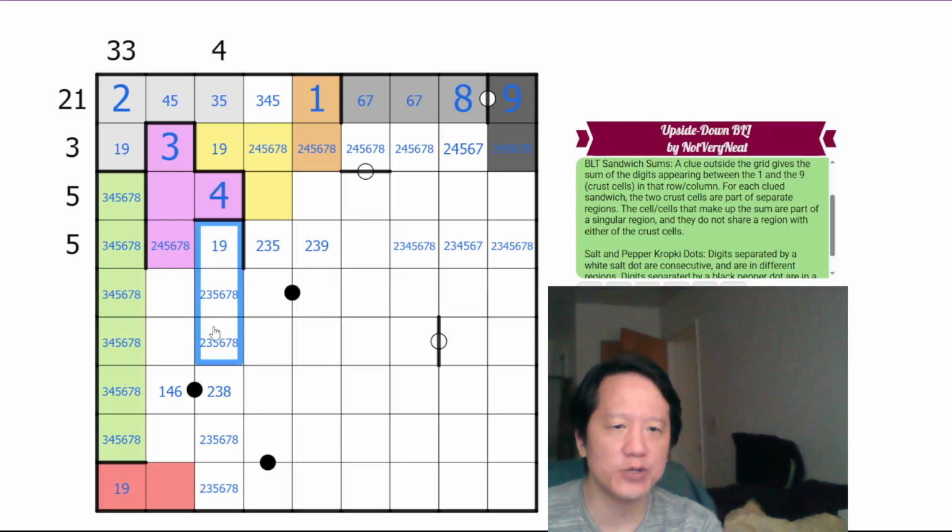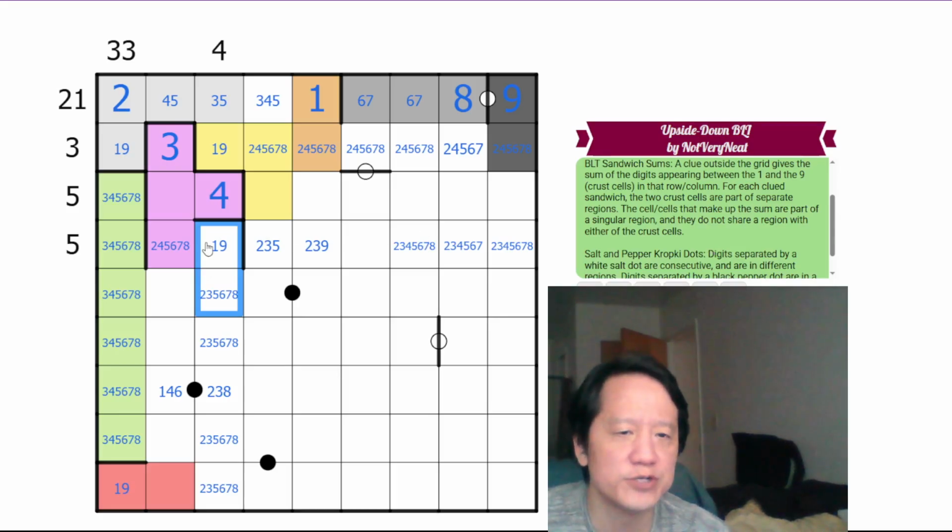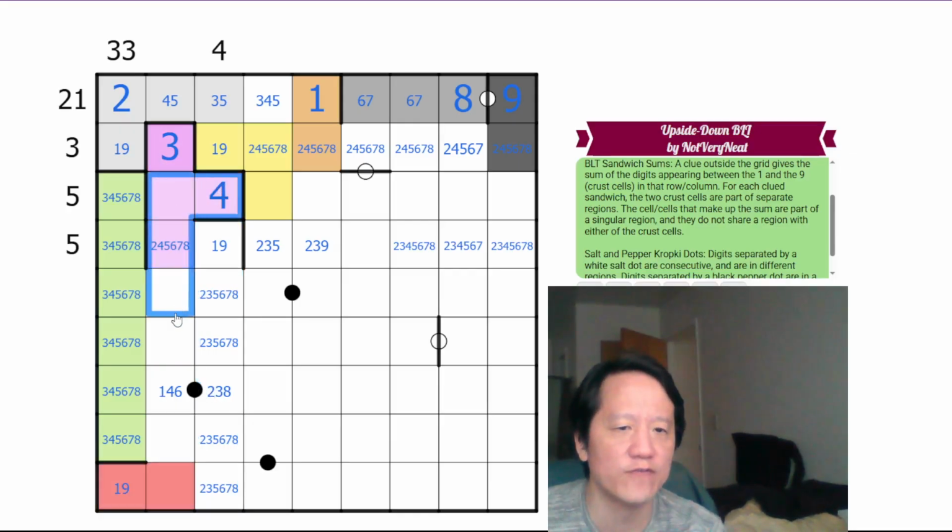This is a separate region. It cannot be green. So the regions have to be different regions than each other, right? Are part of separate regions. So this is something completely different. It could be part of red. Can it? 1, 2, 3, 4, 5, 6, 7, 8, 9. No, because pink then can't be a fully formed region.